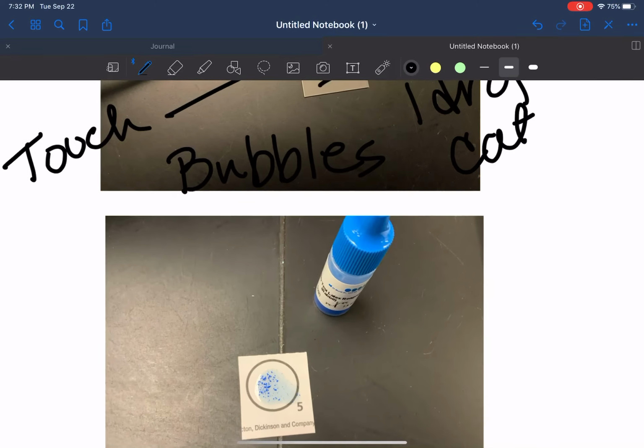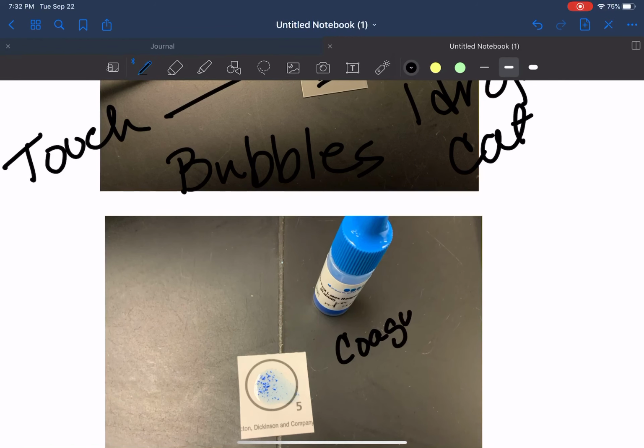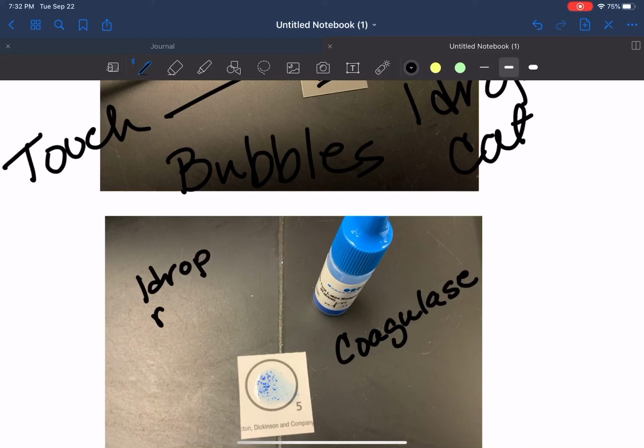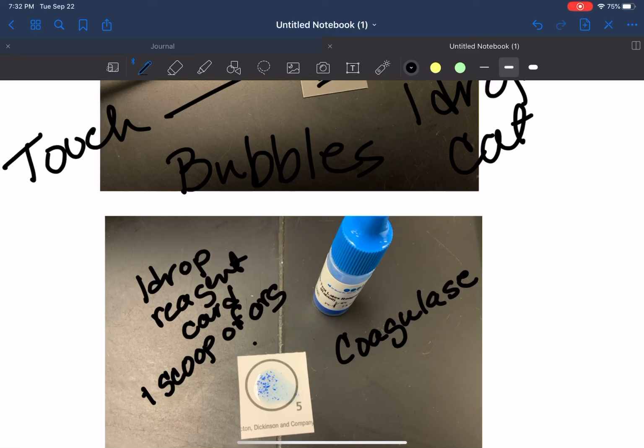So what's the next test if we have a gram-positive, catalase-positive organism? It is the coagulase, or staph latex reagent. You put 1 drop of reagent on the cardboard card, then 1 healthy scoop of organism, and stir. And we have agglutination, which is positive.